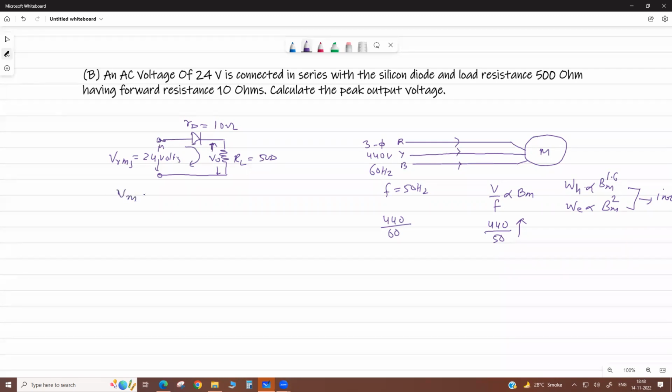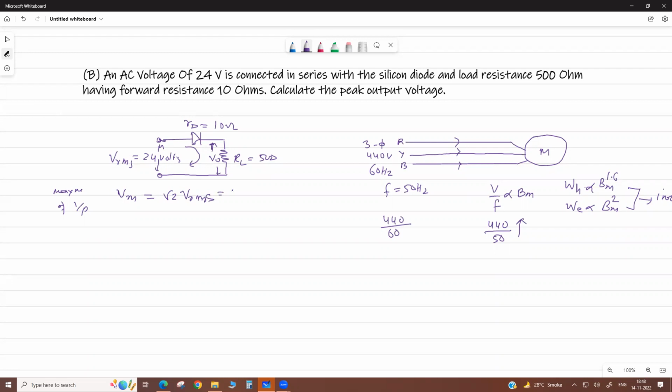This is the maximum value of input voltage. It is not output, it is the maximum value of input voltage. That is √2 VRMS, correct? Because VRMS equals VM by √2.